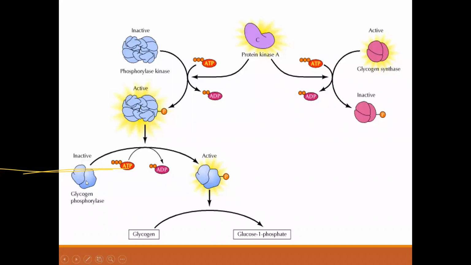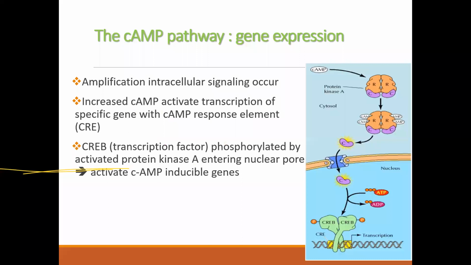Normally it is inactive, but after being phosphorylated, this enzyme becomes active and can hydrolyze glycogen to become glucose 1-phosphate and then free glucose in the liver, and then increase the glucose level in the blood circulation. This is the action of cyclic AMP after hormone binding to the receptor.